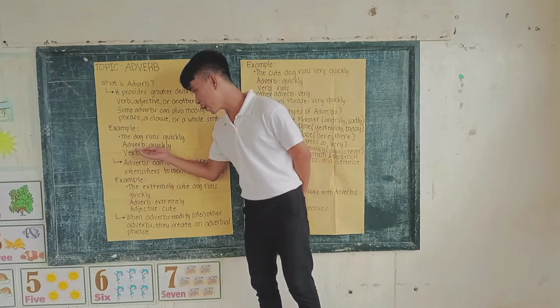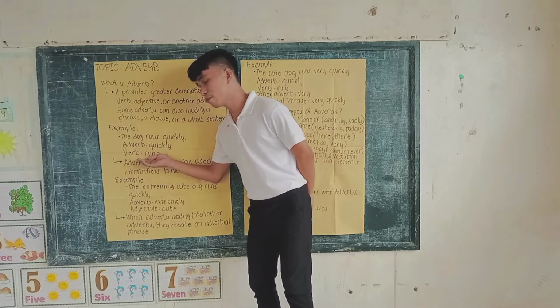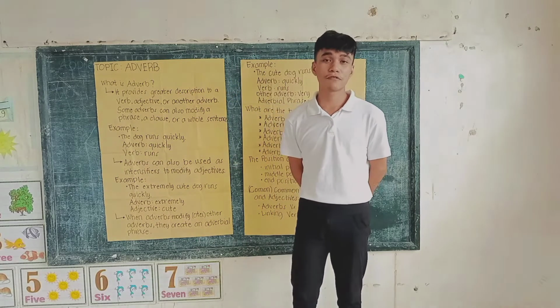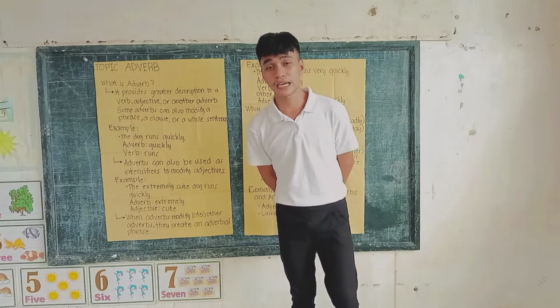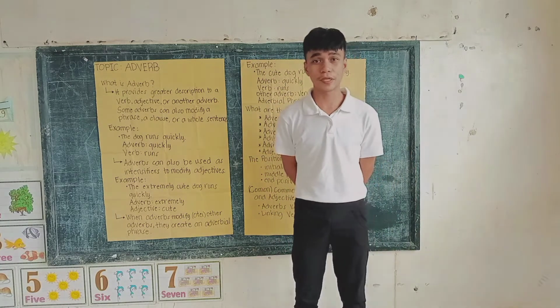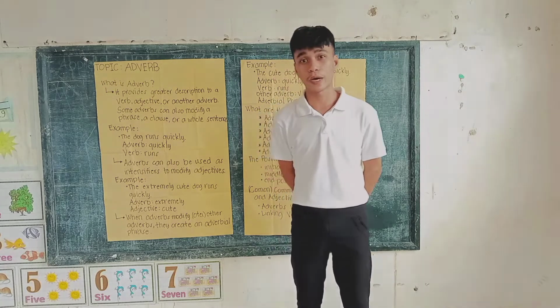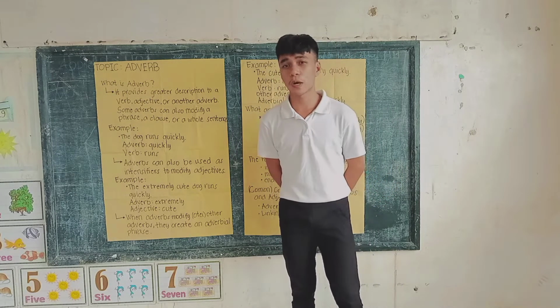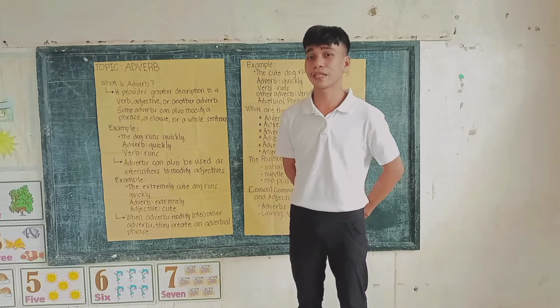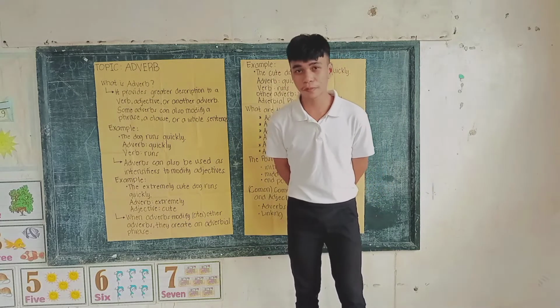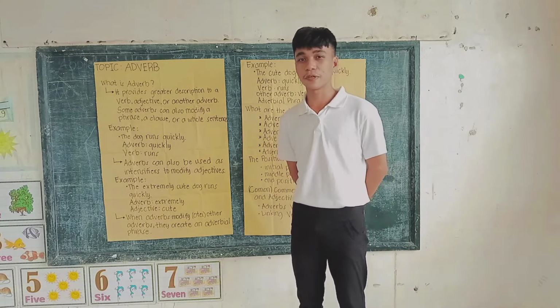So the adverb quickly modifies the verb runs. Most adverbs used in a sentence are easy to spot or identify because they usually end in ly. But others are not, so they are a bit trickier to find. So let us learn more about adverbs and how they are used in different sentences.